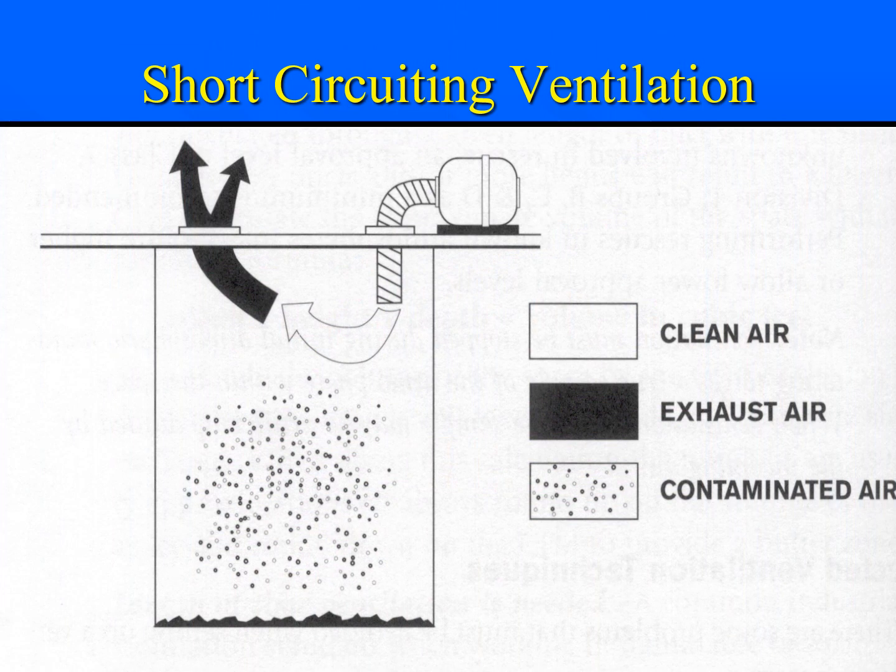Here's a type of ventilation called short-circuiting ventilation. It's when we put the ventilation fan at the top or the opening and we force clean air down into the space, which forces the contaminated air and the exhaust air out of the other open space.